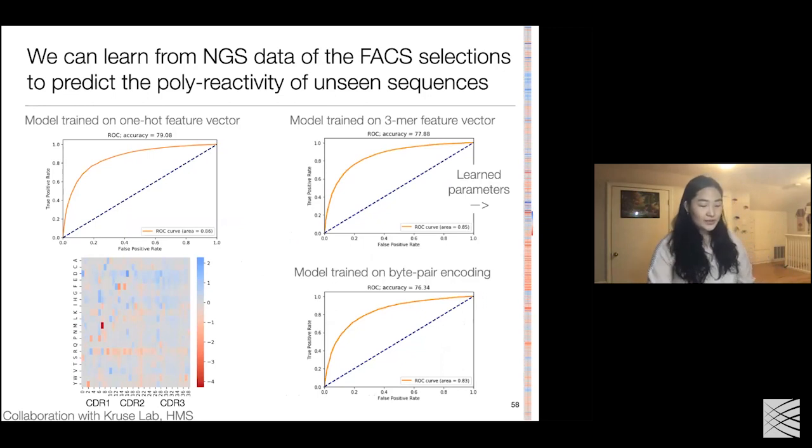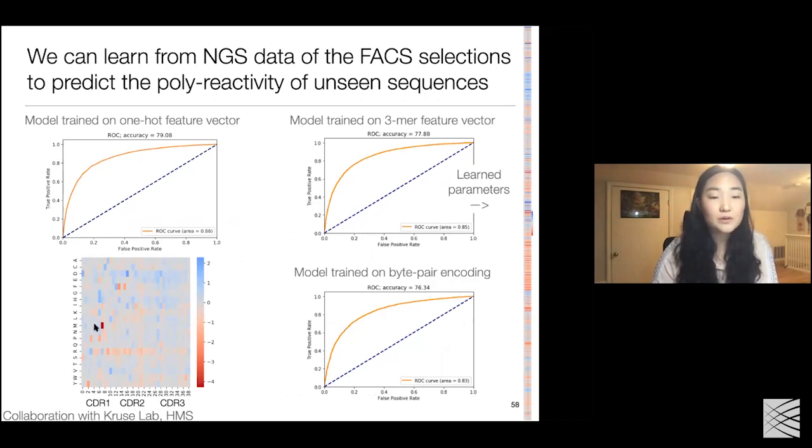And so what we see here is that we can learn from NGS data of the FACS selections to predict polyreactivity of unseen sequences. As before, with a model trained on a one-hot representation, we can see the parameters learned by a logistic regression model.